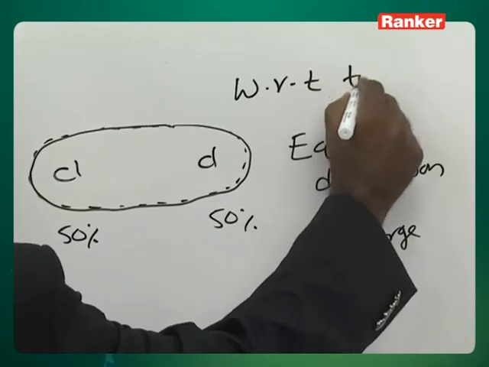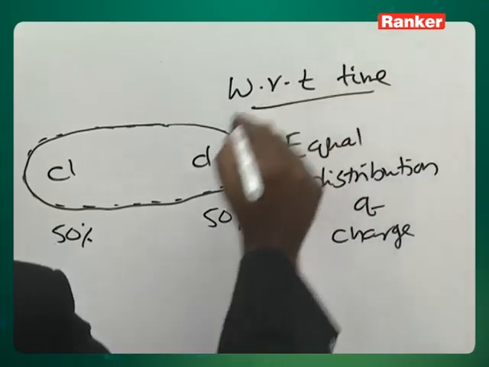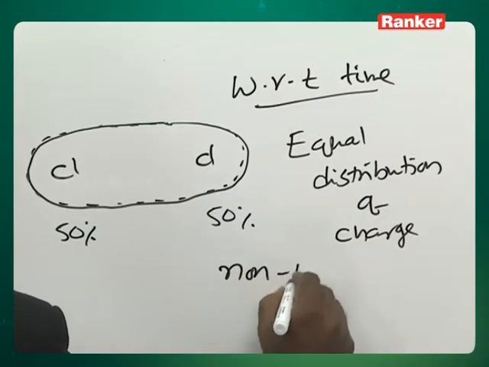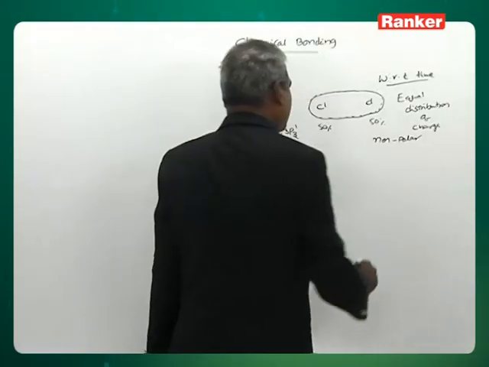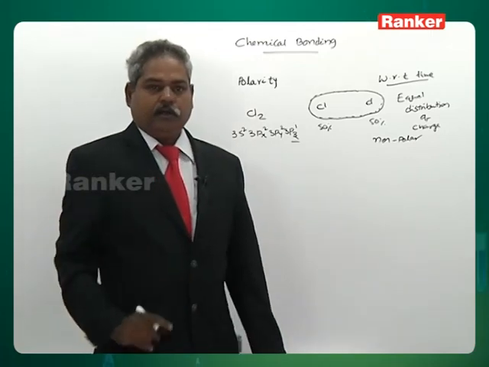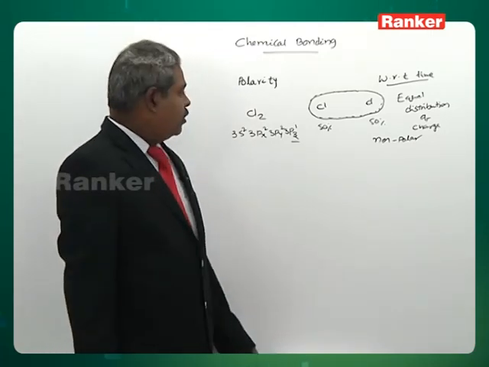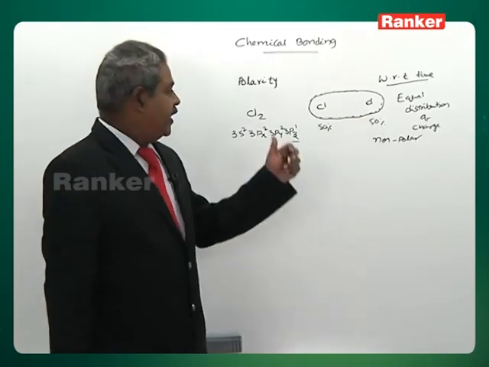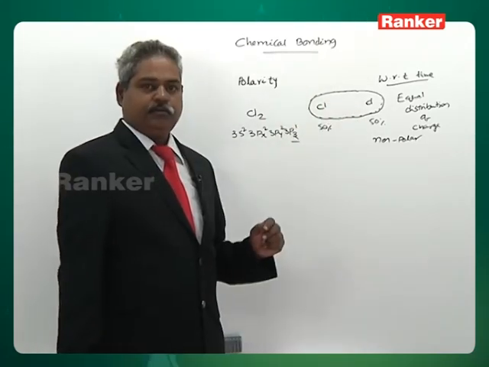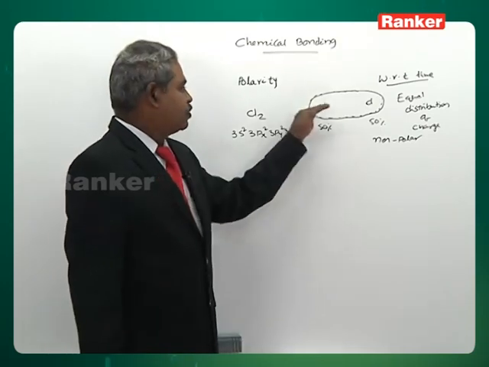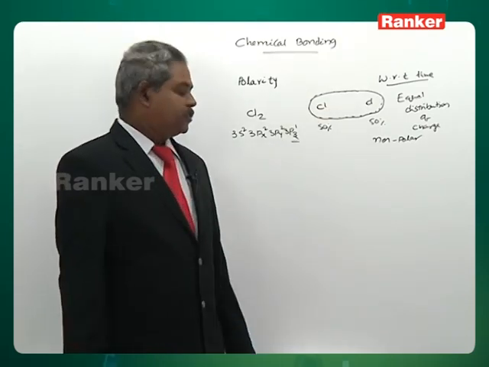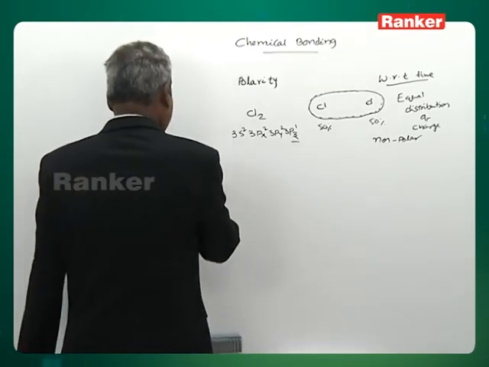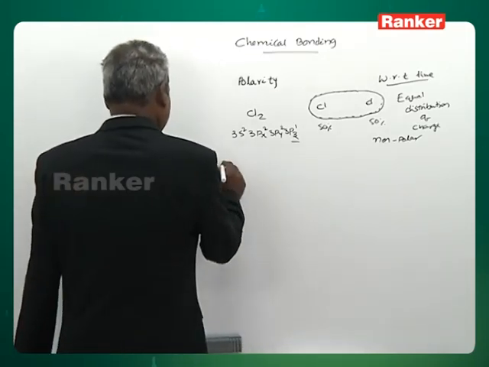This is called a non-polar covalent bond. That is, no atom between these two is more negatively charged than the other. Both are equally negatively charged because it is equal distribution of charge. And look at the molecule HCl.